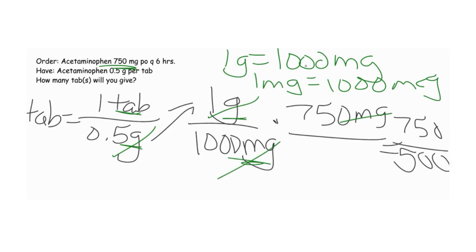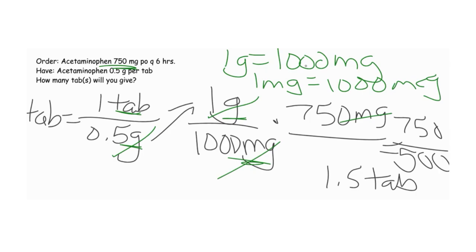And when we divide 750 by 500, we get 1.5 tabs. All right. Now that had a little extra step, but that's okay because you're ready for it, and I believe in you guys. You can do this.